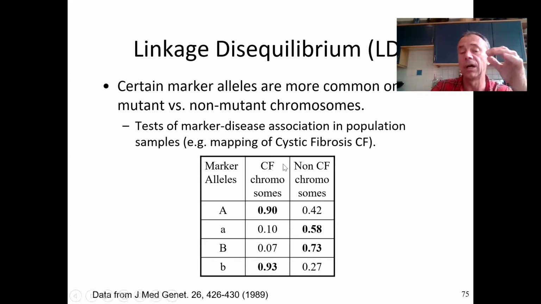So here you have a chromosome bearing a cystic fibrosis mutation, and the frequency of the A allele is 0.9 on that, whereas the background frequency on other chromosomes which don't have that variant is only 0.4. So then you say that the A allele is in linkage disequilibrium with the cystic fibrosis mutation.